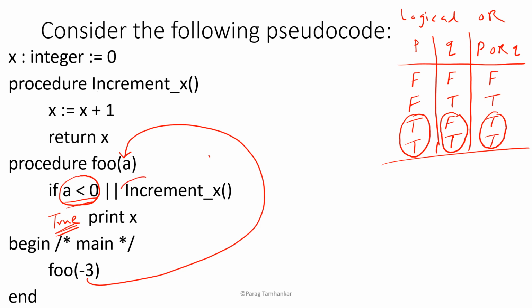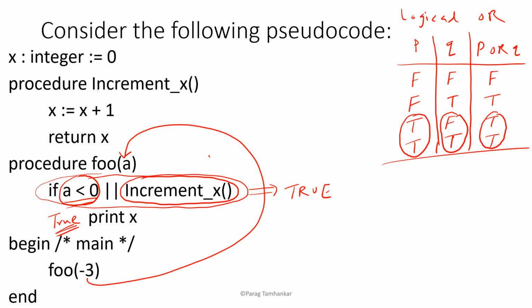So there is no point in executing this function. We will save time. We will not execute this function increment x. There is no reason that the function should get executed, because the result of this entire if happens to be true, because a less than 0 itself is true, because the value of a is -3.